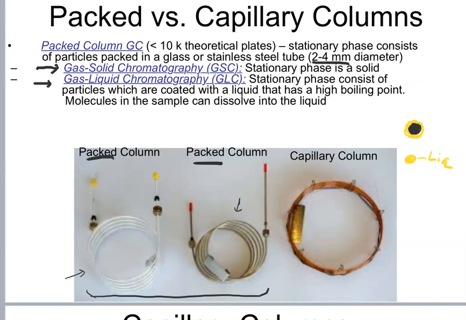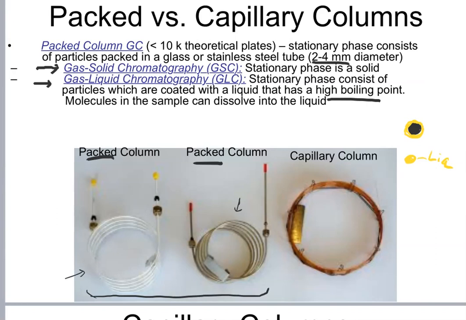You cannot use something that has a low boiling point, because remember, we're going to put this column inside of an oven and heat it up, aren't we? And when we heat it up, if that liquid has a low boiling point, it's going to all evaporate. So we need that liquid to have quite a high boiling point, which we can achieve through careful choosing of what material we're going to use.